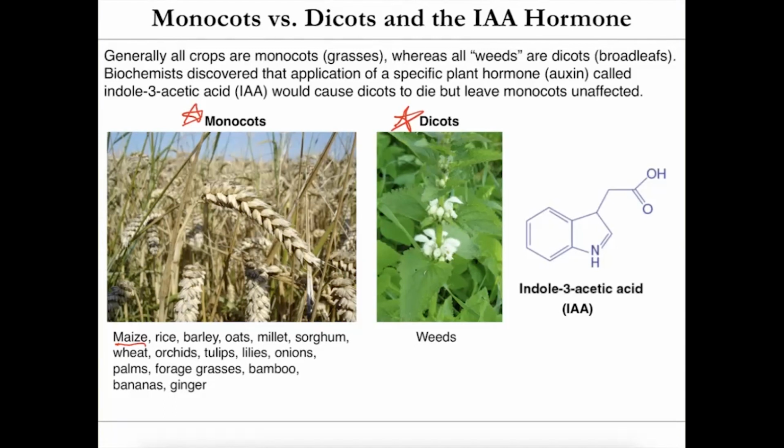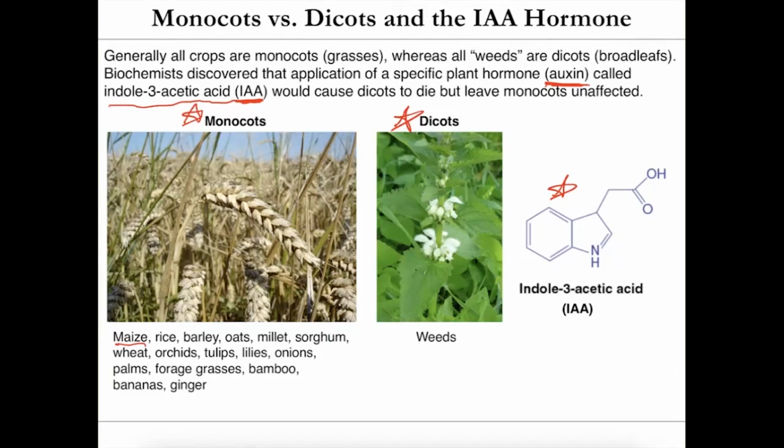Biochemists and plant biologists discovered that if you applied a specific plant hormone called an auxin, a specific auxin called indole-3-acetic acid, or IAA for short, the chemical structure of which is right here, this would cause dicots to die because it basically tells them to grow faster than they're able to.